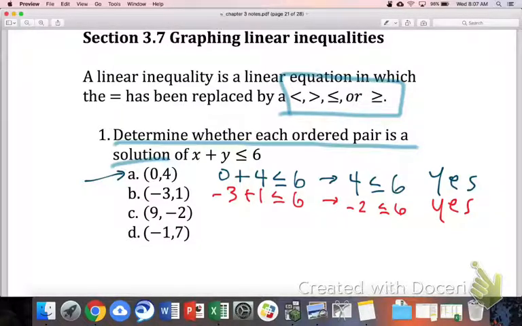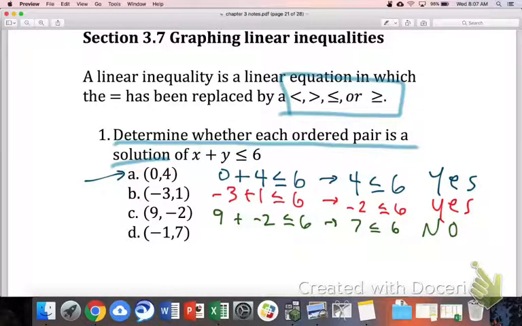With letter C, we write 9 plus negative 2 is less than or equal to 6. That gives me 7 is less than or equal to 6. Is that true? No, it's not. And that means that (9, negative 2) is not a solution to this inequality. So far they have been, but with C, the answer is no, it is not a solution.